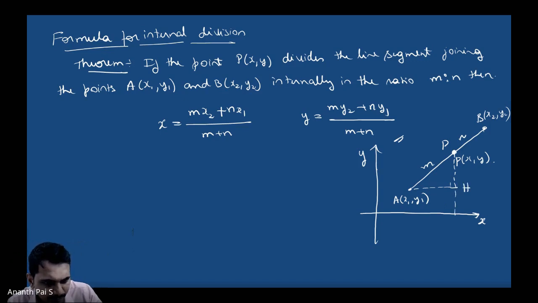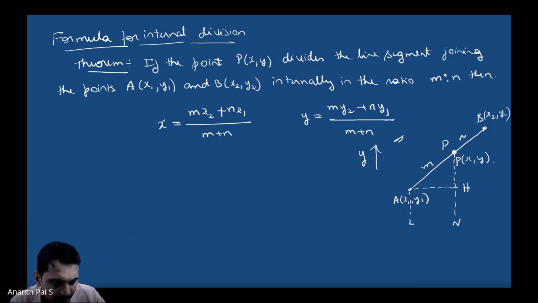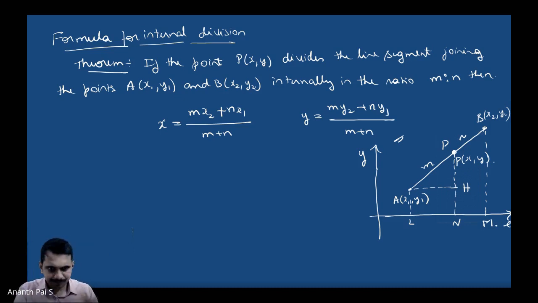Let this be H, and when you drop it down here, let this be L, let this be N, and when we put it here like this, let this be capital M. Fine. So this is y and this is x.